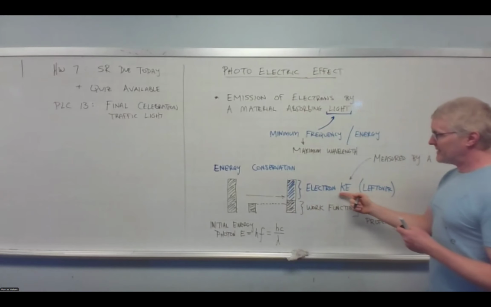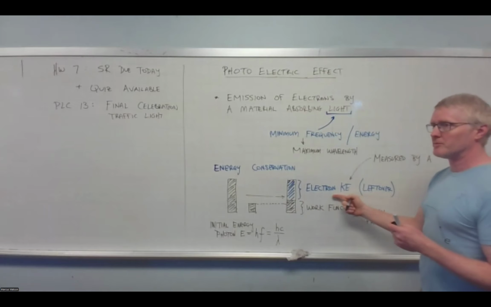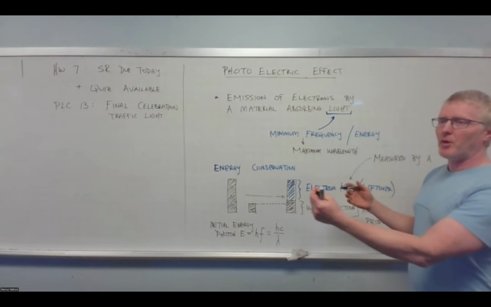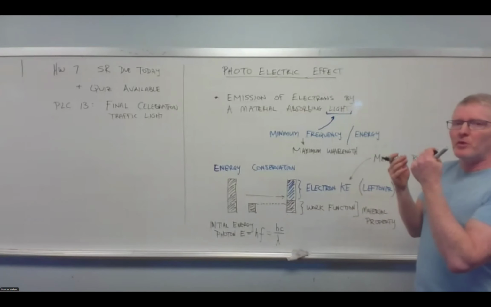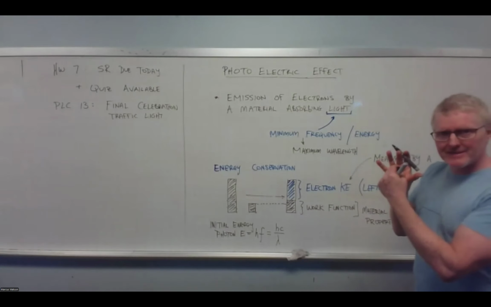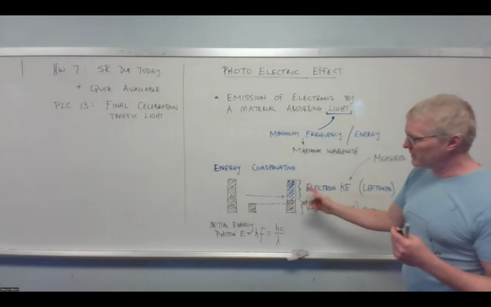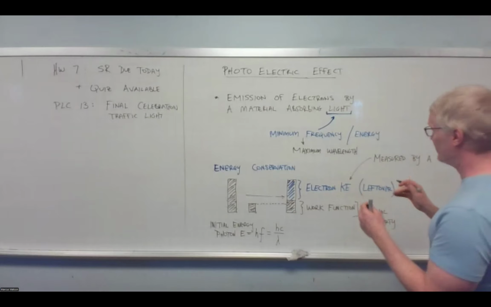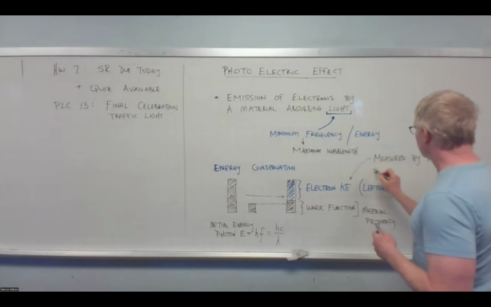But the idea behind the stopping voltage is to just get the electrons to give up all their kinetic energy right before they would have gotten collected, and we would have gotten what's called a photocurrent. So it's just before that happens. This is measured by a stopping voltage.